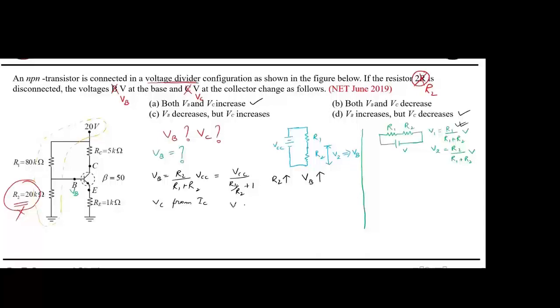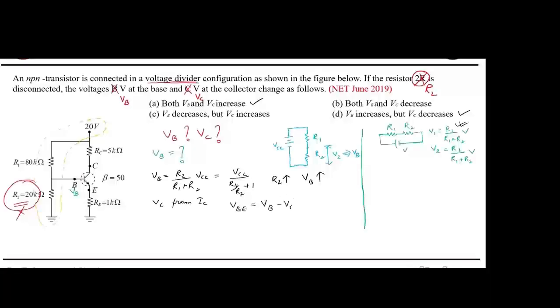Now, VBE is equal to VB minus VE. Yes or no? Yes. So from this, can I write VE is equal to VBE minus?